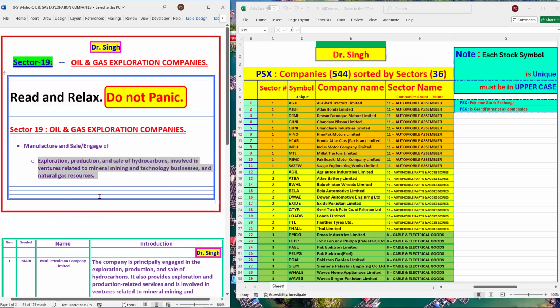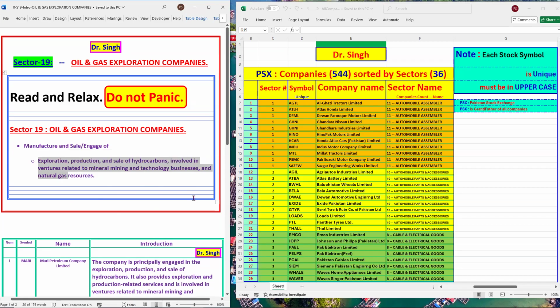So let's come to this part. This sector 19 deals with oil and gas exploration companies. Here is what the companies do in this sector. Since it is small, few words, I will read them all.